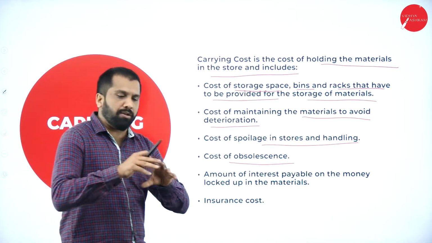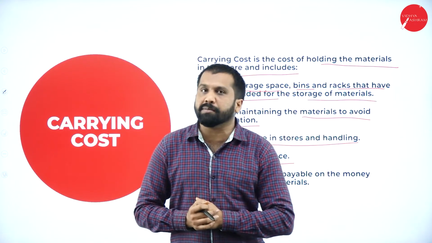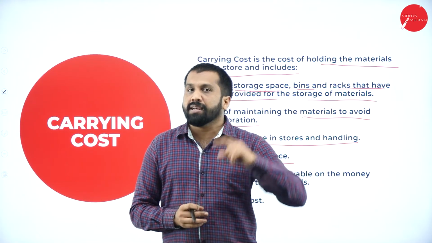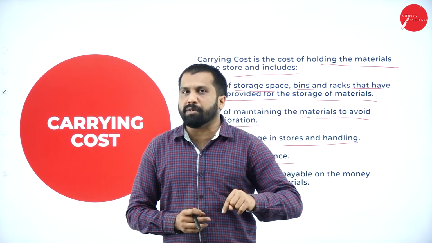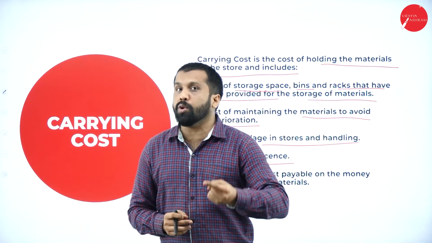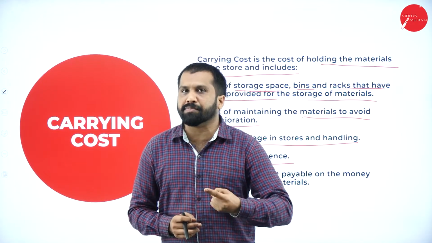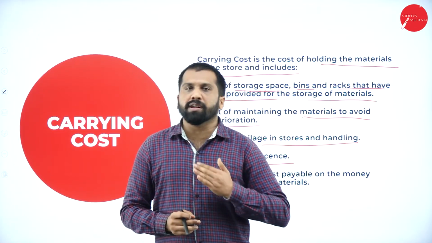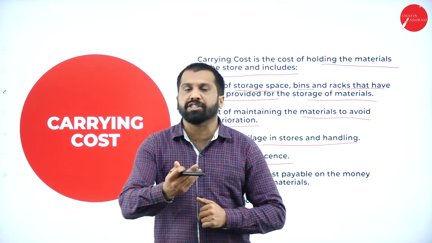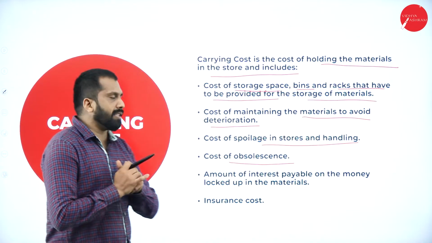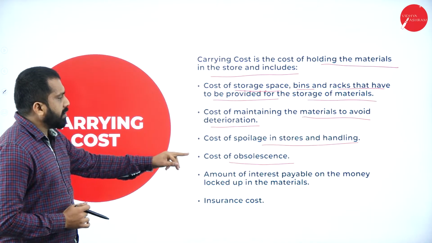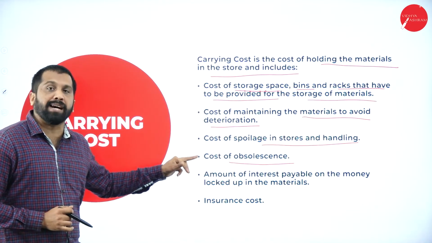You buy one mobile, pack everything and wait till December? No. Why? Because by December, whatever mobile you bought today will become old. Obsolescence means the model will be an older one. In December, you may get the next upgraded version. That's why cost of obsolescence. Hope you understood what is obsolescence.